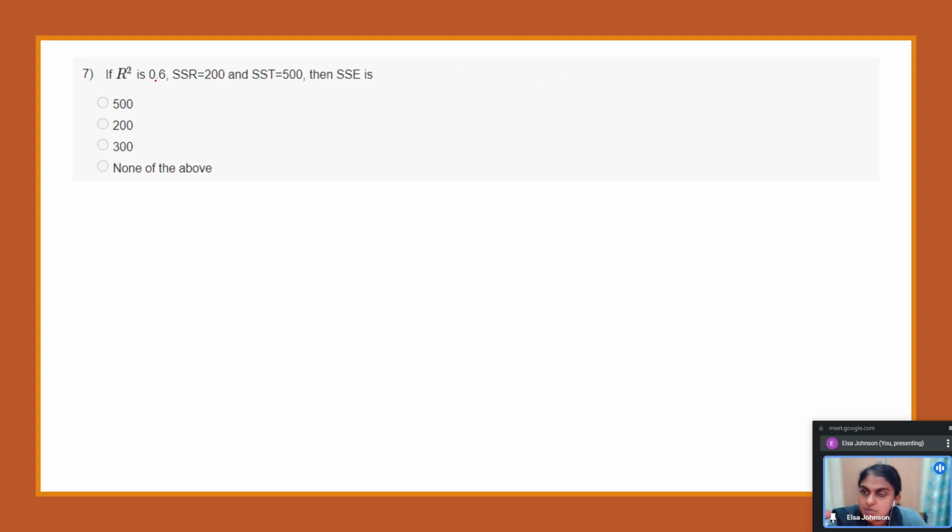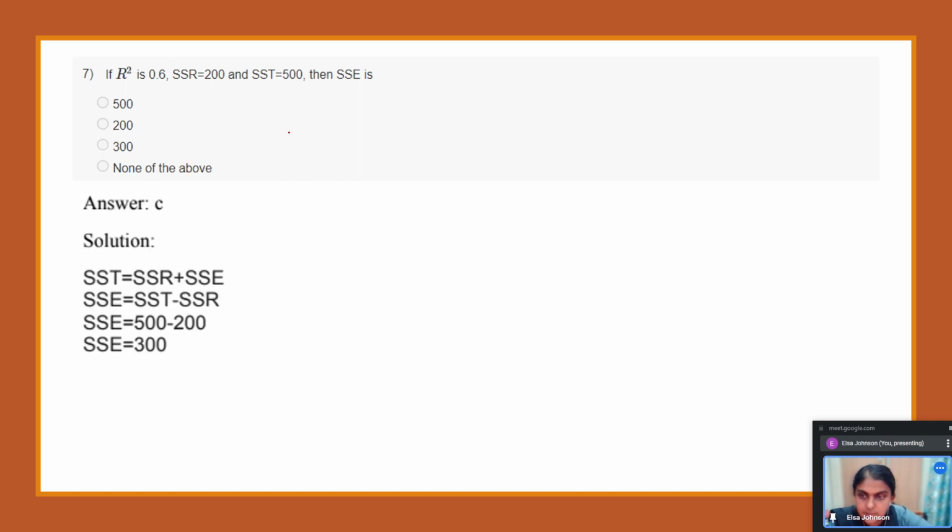Now if R square is 0.6, the sum of squares of residuals is 200 and sum of squares of total values is 500, then sum of squares of error is asked. This is a direct question only, you can tell me the answer. Yes, 300, right?